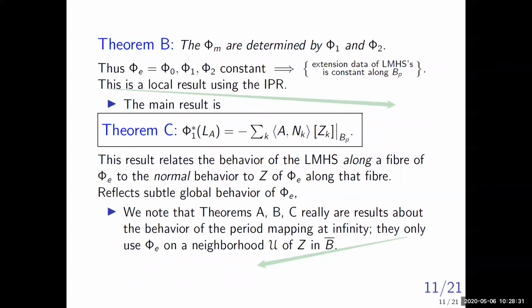It's a very surprising result at first sight, since the limiting mixed Hodge structure has all these different levels of extension data in it. Why should you only have to go to level 2 to know everything? And that's what the result proves. It's a local result using the infinitesimal period relation.